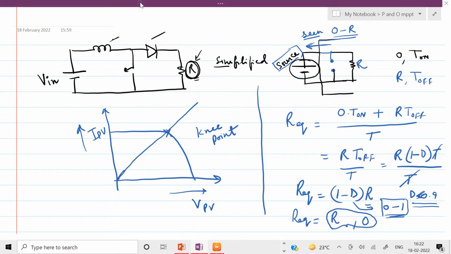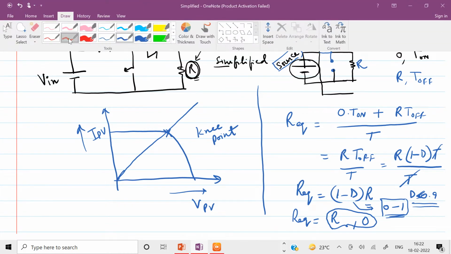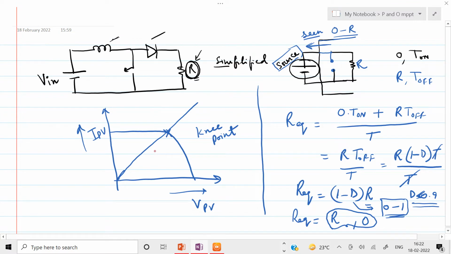Since this is an IV characteristic, the inverse of the resistance, that means 1 upon, let me call it R max. So R max is the value of load for which we can obtain maximum power out of the panel.